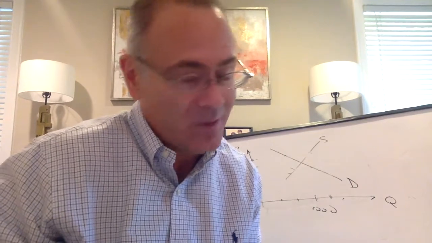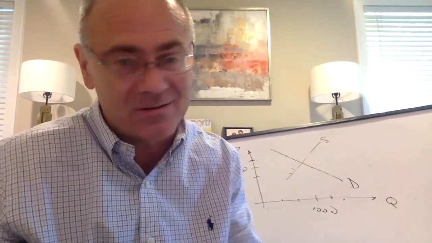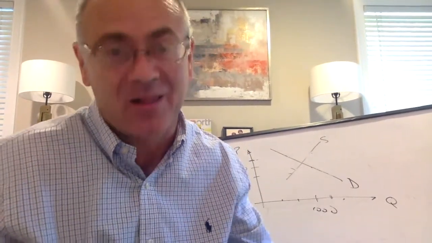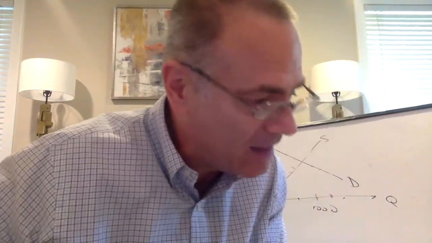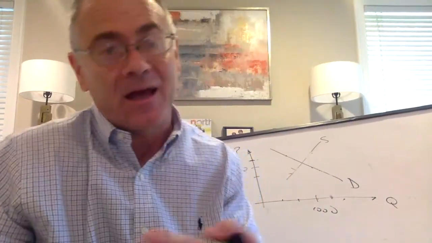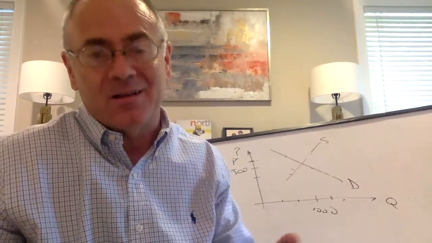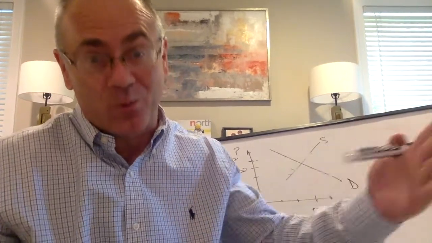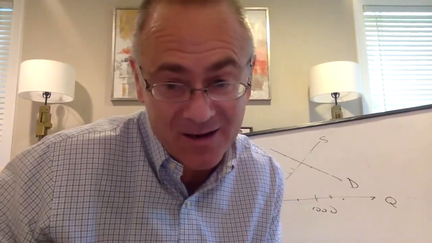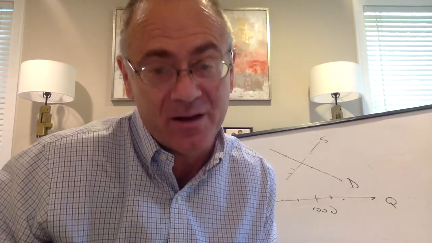So if people are willing to use nylon clothes rather than cotton clothes, that's a substitute. So if nylon is invented, that means there's a substitute that didn't exist before. It's more readily available. So this means that demand for cotton is probably going to go down.